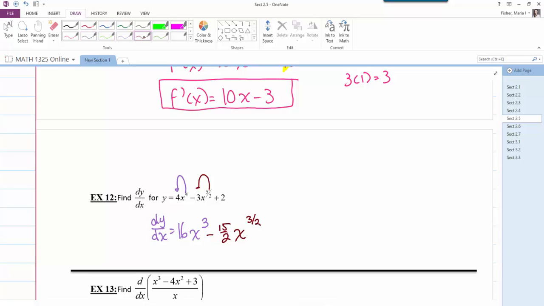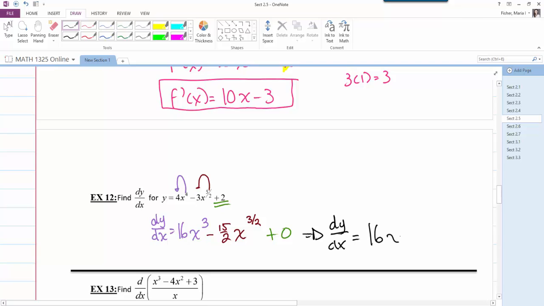Plus the derivative of 2, well, 2 is a constant, right? And the derivative of a constant is 0. So you don't really need that plus 0 there. I won't take off if you have it. So basically, we know that dy dx in this case is just 16x cubed minus 15 over 2 x to the 3 halves.